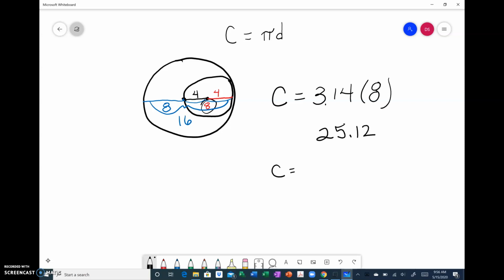And then for the large circle, 3.14 times 16, which is the diameter of the large circle, and that gives you 50.24. All right, that's the one lesson for this one because it's just the one scale of circumference. Check back tomorrow for how to find area of circles, and then you'll be ready for your test.